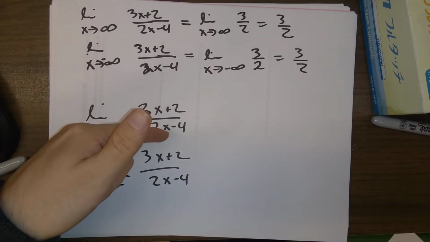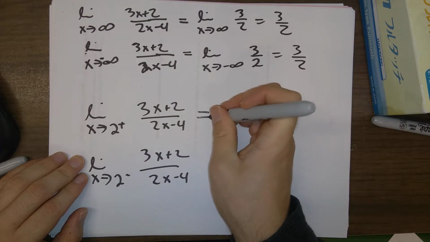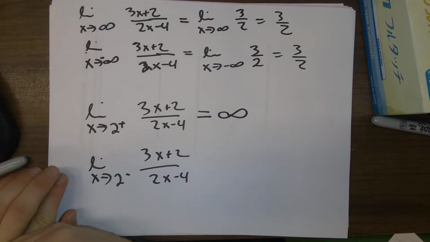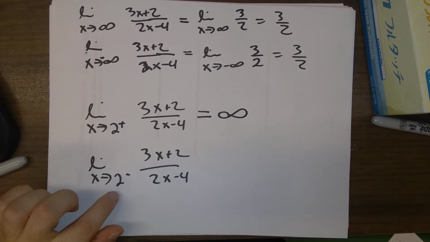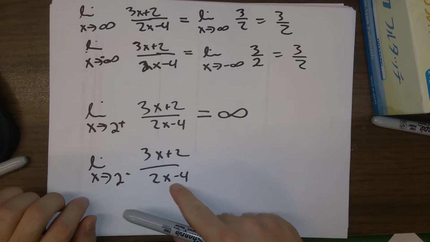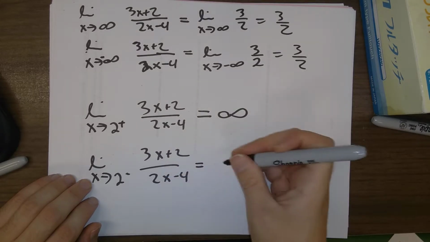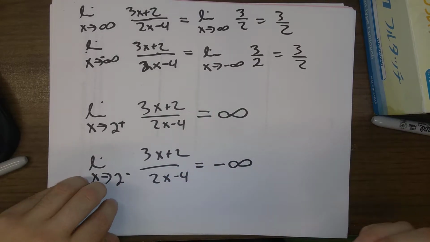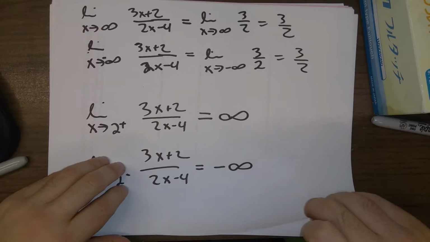So positive divided by something small and positive, we're going off to positive infinity. But as we go to 2 from the left, 2x minus 4 is going to be a small negative number. 3x plus 2 divided by something small and negative, we're going off to minus infinity. So now we have all the information we need to make a nice pretty chart.